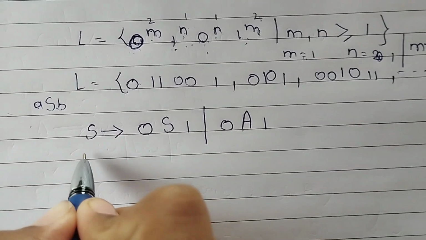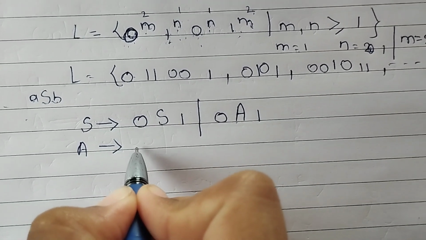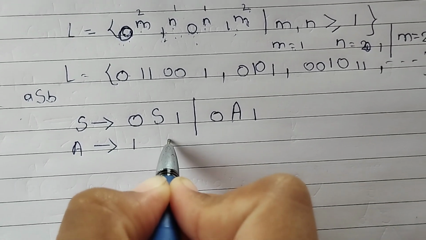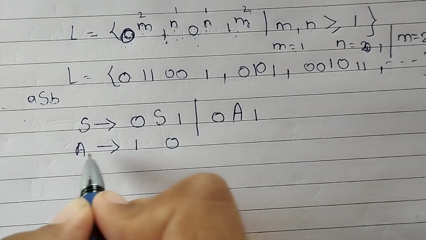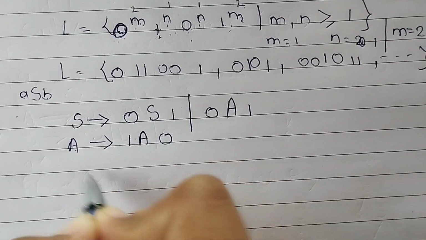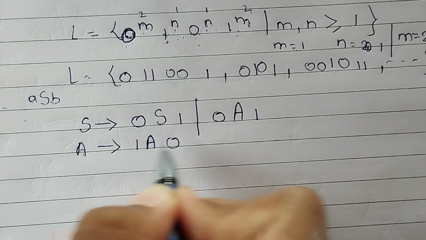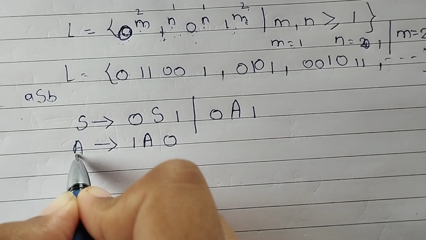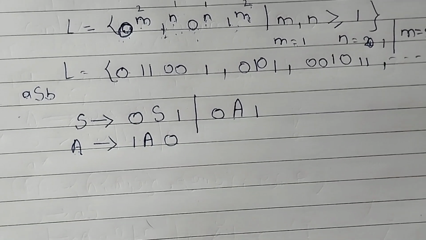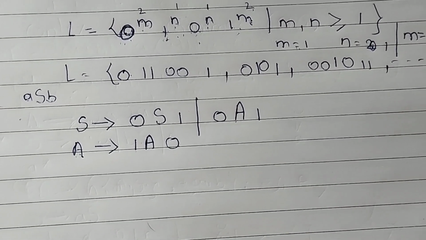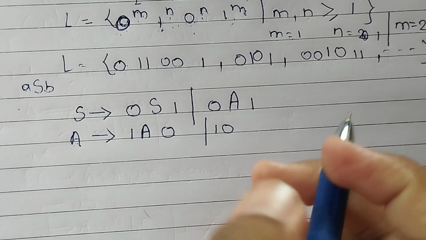So this A is nothing but n number of 1 and n number of 0. How do we write this n number? From this A, we read 1 A 0 again and again, but at any moment I want to stop, that time we simply write 1 0.